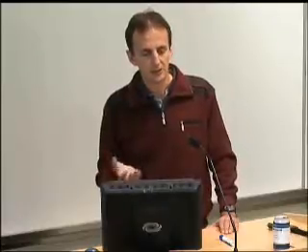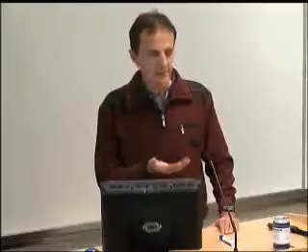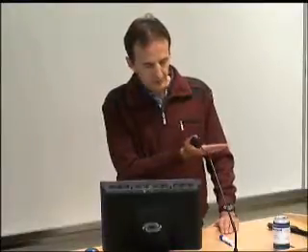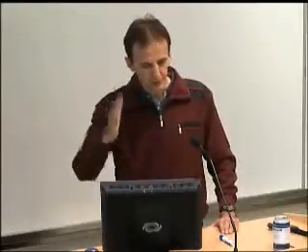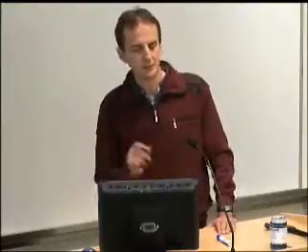OPO means orthogonal, parallel, orthogonal. So each leader consists of, let's say, 3 segments. The first segment runs orthogonal, horizontal, or orthogonal to the side where the label is, and then a little bit in parallel, and then again a little bit orthogonal.